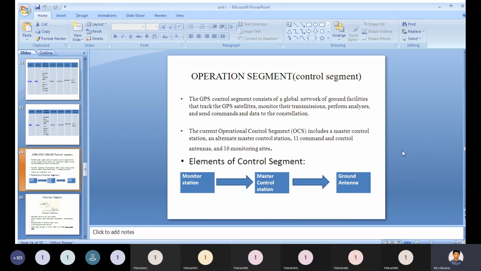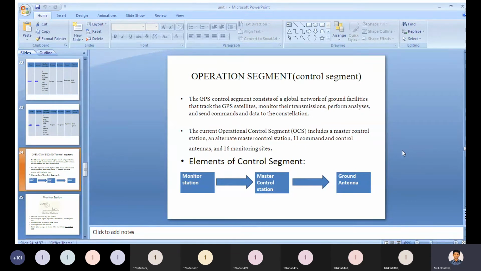Then the next is the operation segment, or control segment.